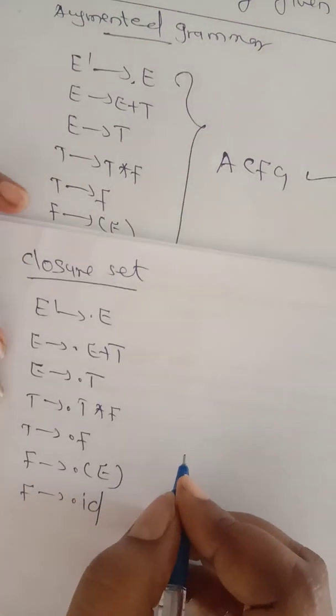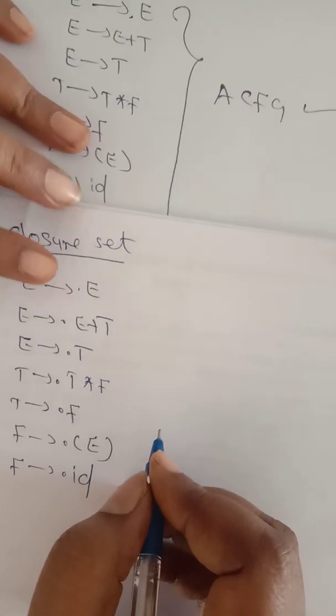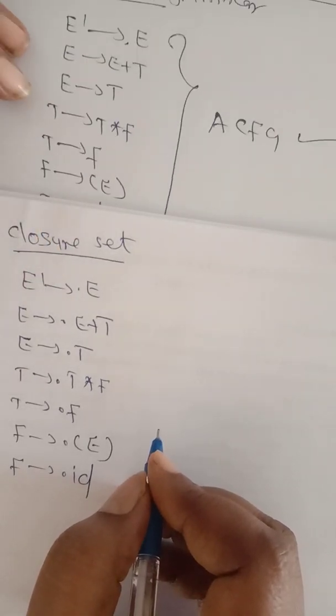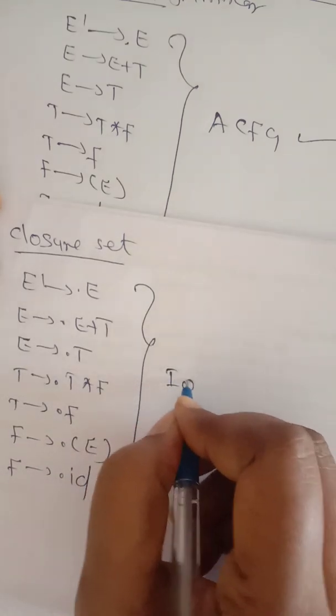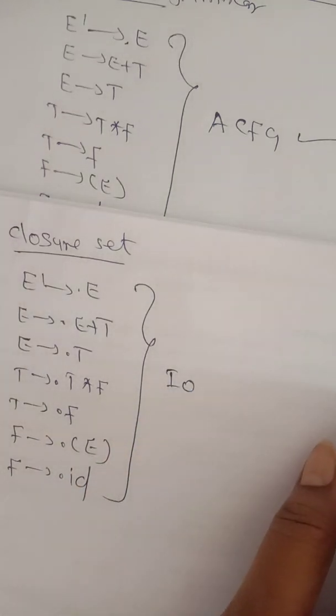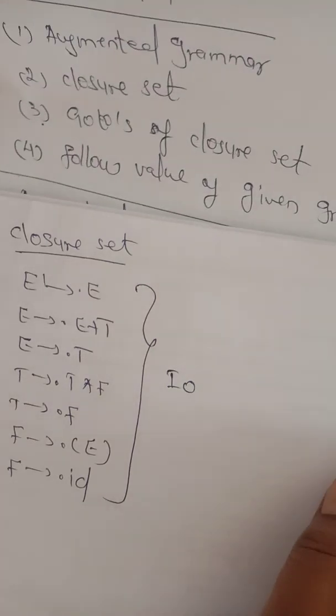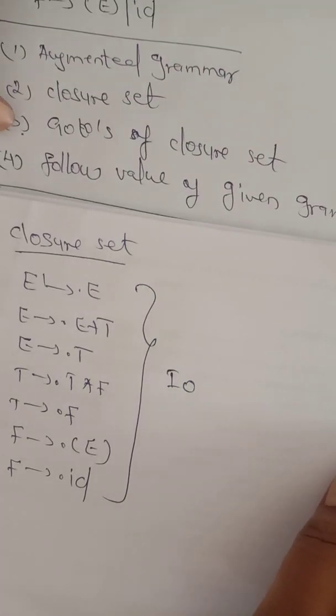This is called the closure set, and it is named I naught. Using I naught we construct the third step.